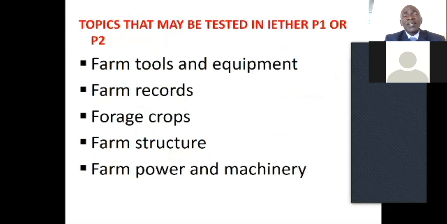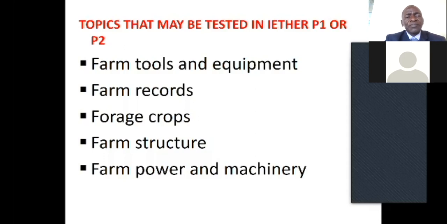However, when you are handling an essay question, for example, describe the management of layers from 1 day old up to 8 weeks old, one of the management practices is keeping of records. You need to cite the appropriate record to be kept when managing this poultry.